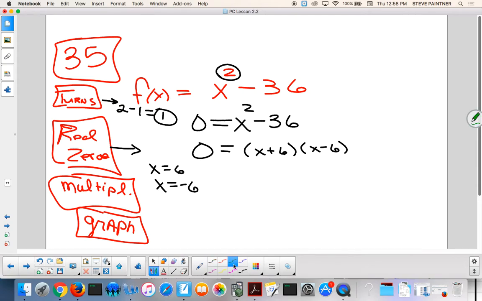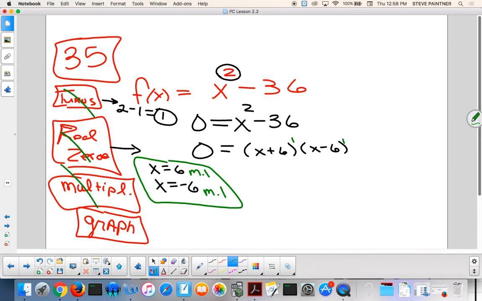What's the multiplicity on this one? And this one? Right here. 1. 1. There you go. The multiplicity is 1. Okay. Which, you know what that means to you? When it hits the x-axis, does it bounce or does it go through? Multiplicity 1 goes through it. Okay. All right, got it.